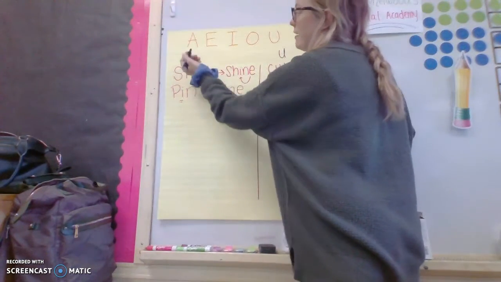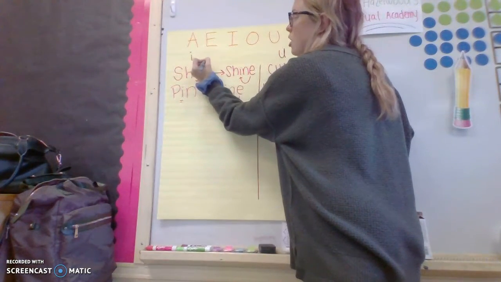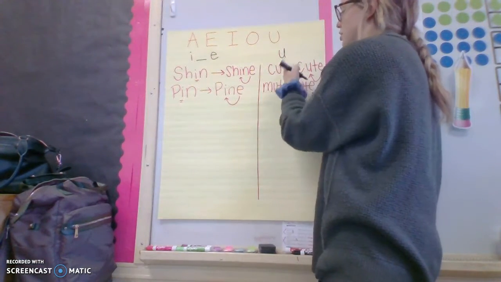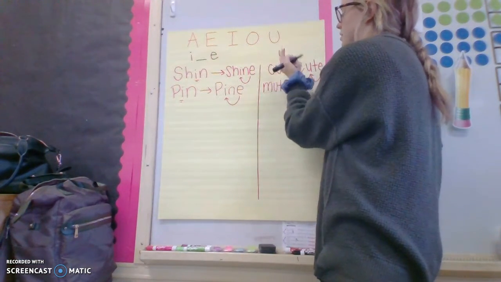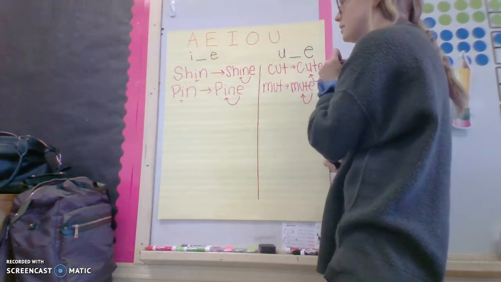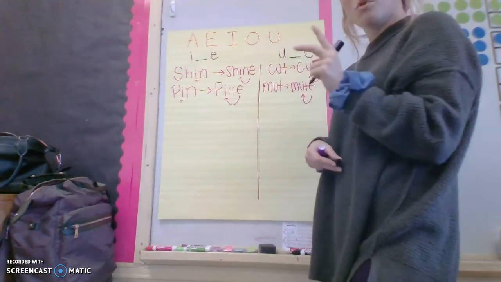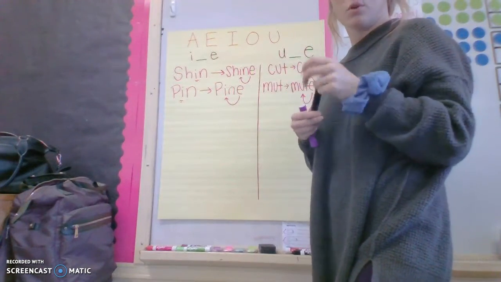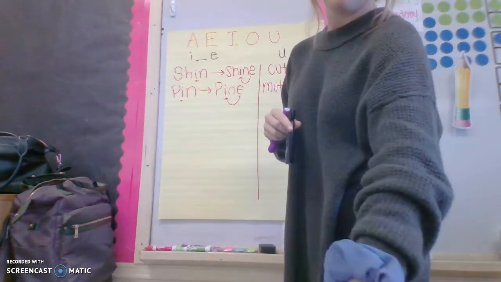So on this side we have our vowel, then we have a consonant, and then we have a silent E. And on this side we have our U sound that we hear. So it's our vowel, then our consonant, and then we're going to see a silent E. So I'm going to give you two more words that we can sort together, and then you guys are going to be doing a 3-word word sort on your own.